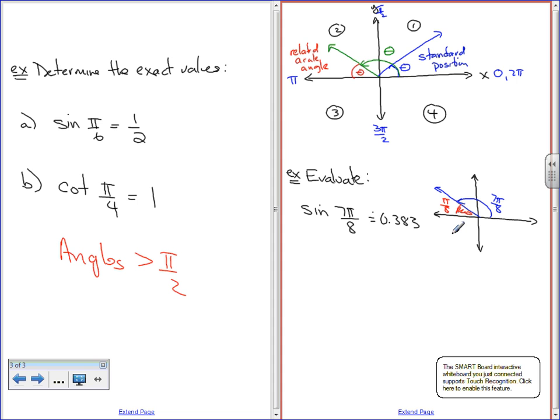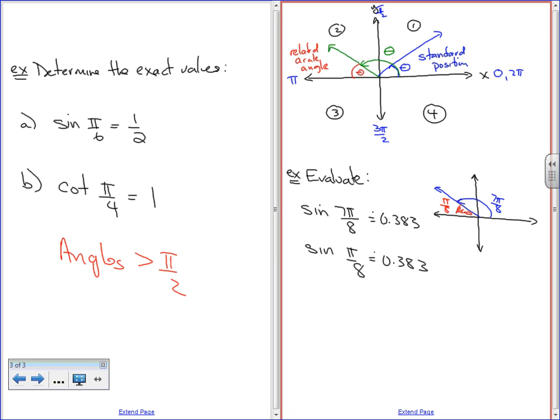The related angle is the red one, and the angle in standard position is the blue one. Now, how are those two angles related? If I figure out the sine of pi over 8, what's that answer in the calculator? Yeah, it's exactly the same.